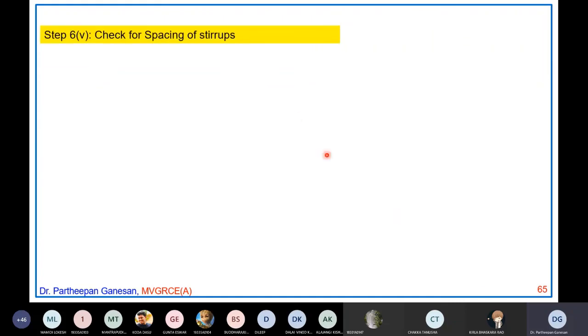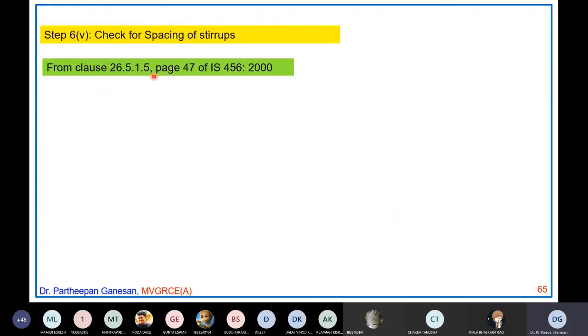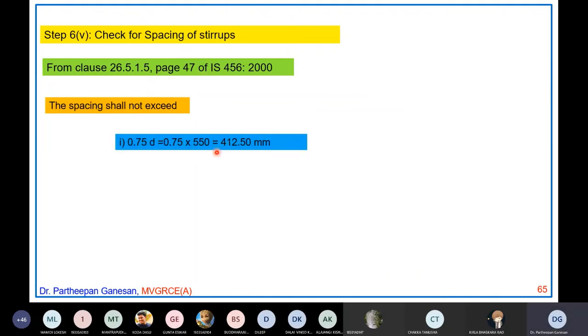Now check for spacing from 26.5.1.5 on page number 47. The spacing shall not exceed 0.75 D or 300 mm. Now you have three different values. Number one was 339 millimeter from the previous step, here it is 412.5, and the third is 300 mm.